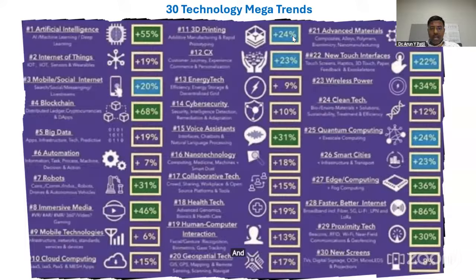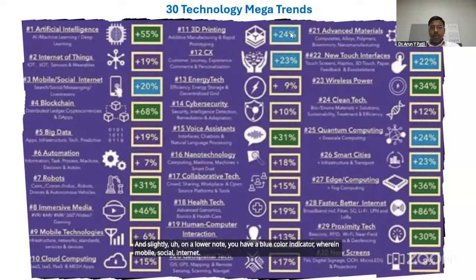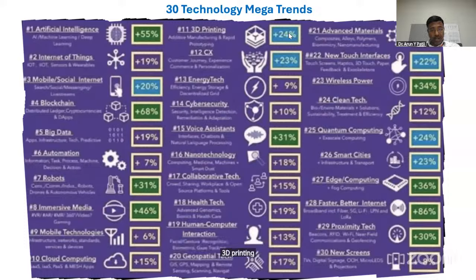And slightly on a lower note, you have the blue color indicators, wherein mobile, social internet, 3D printing for mechanical or allied branches, CX, which is customer-oriented experiences, 23%, new touch interfaces, quantum computing, smart cities. These are the areas which will be the next level of indicators.